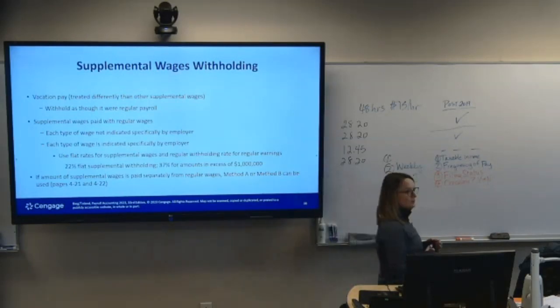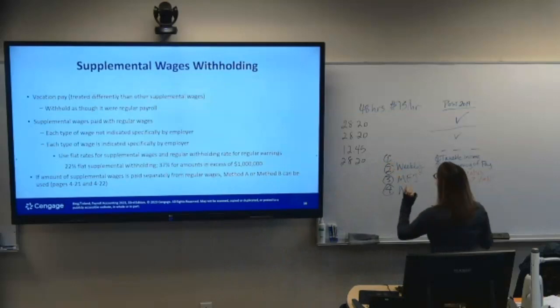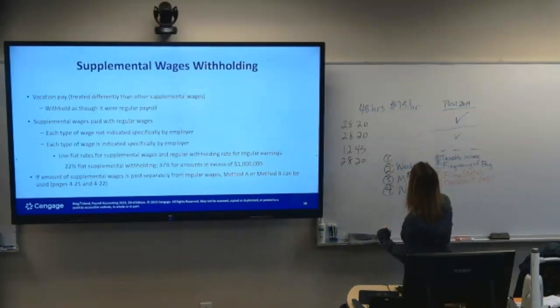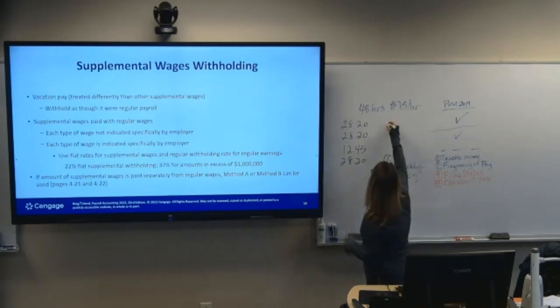No? Okay. I tell you what, we're almost out of time here, so let's go through this. We've got 48 hours at $15 an hour. They're paid weekly. So obviously we've got 8 hours of overtime in here. So 40 times 15 plus 8 times 15 times 1.5.